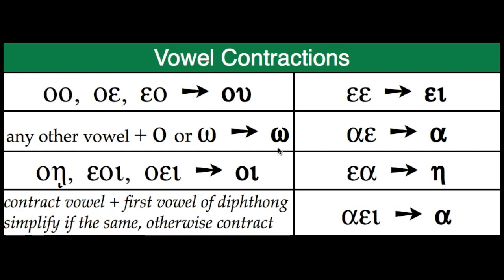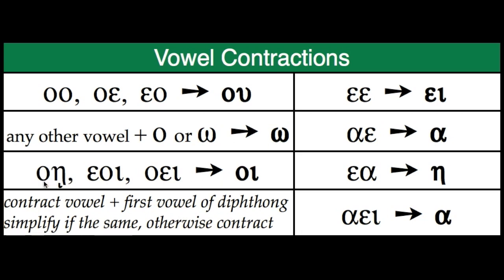So anyway, okay. Over here, let's look at this. Epsilon, epsilon will be converted to epsilon iota. So becomes a. Alpha epsilon becomes alpha. Epsilon alpha becomes a. And alpha epsilon iota, the diphthong, just becomes a. Now this box right here has to do with omicron contracts.